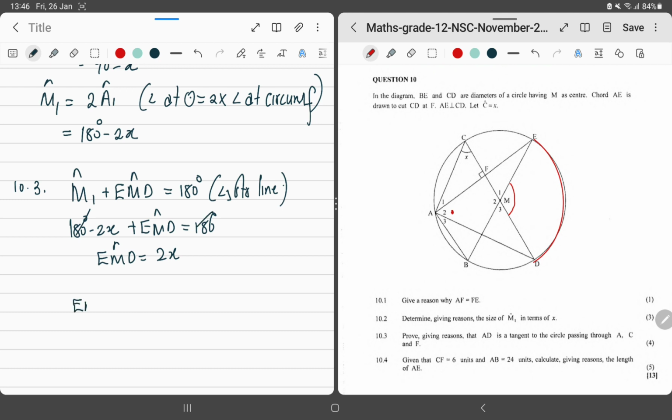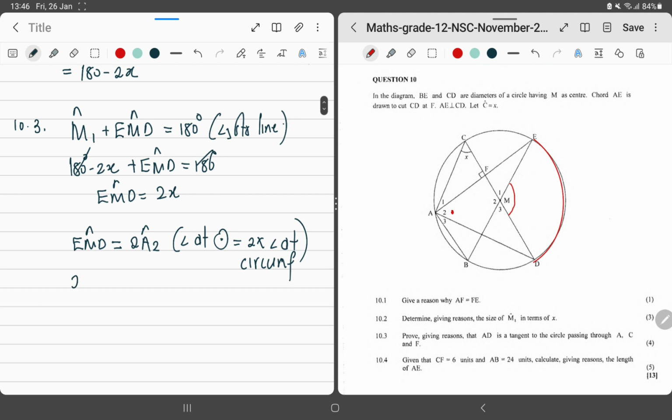And then EMD should be equal to 2 times A2. The angle at the center is equal to 2 times the angle at the circumference. This is 2x. That's 2A2.